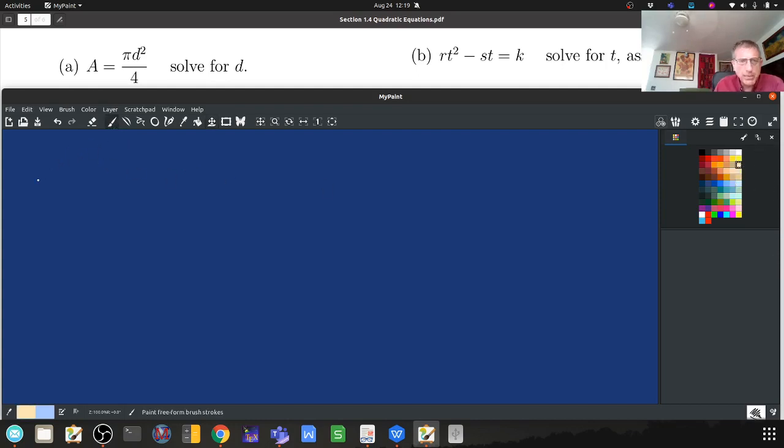So finally, we are on B. I guess this is 8B. r t squared minus s t is equal to k, and you're freaking out. Don't. We're going to solve for t.